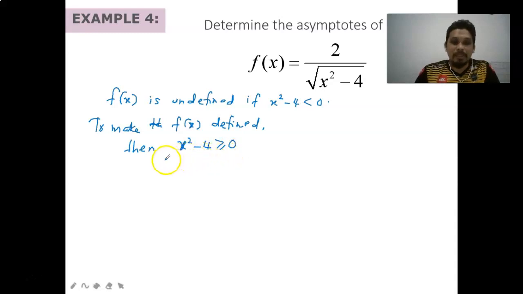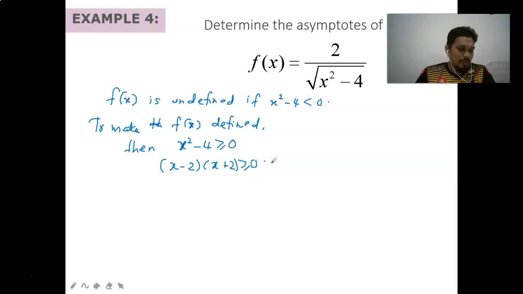And from here, we come up with (x minus 2)(x plus 2) greater than or equal to 0. So from here it tells us the domain of this function equals negative infinity to negative 2, union 2 to positive infinity.